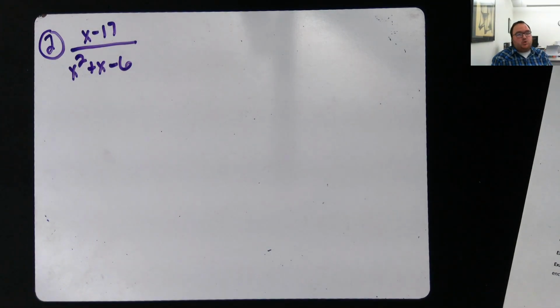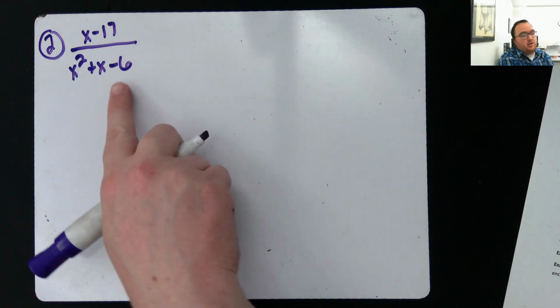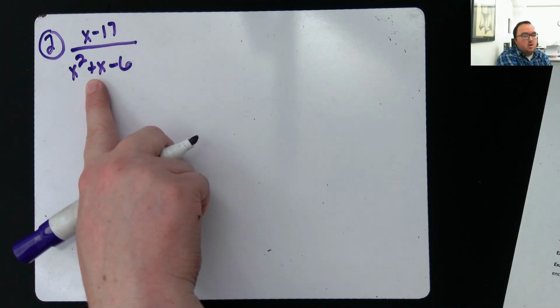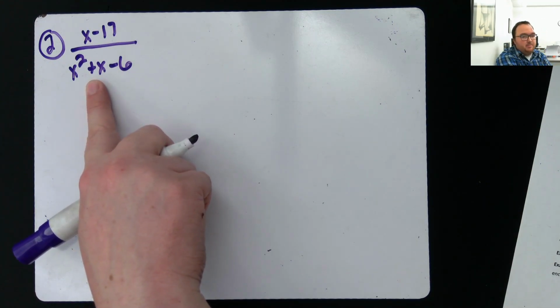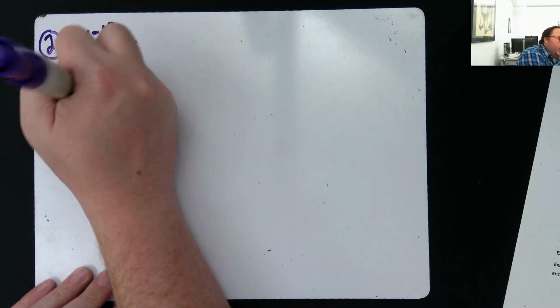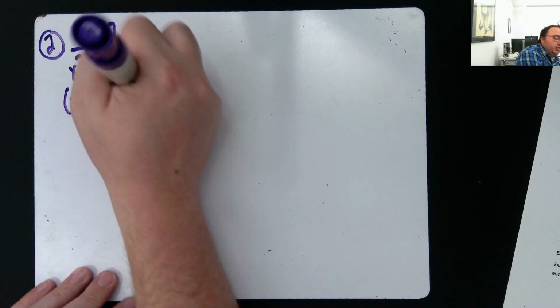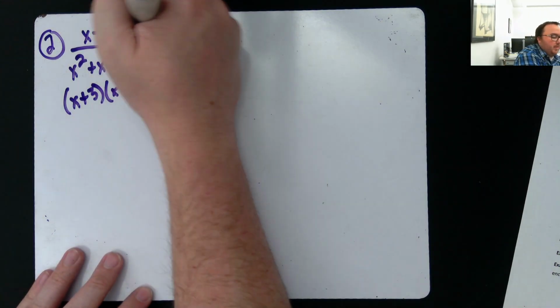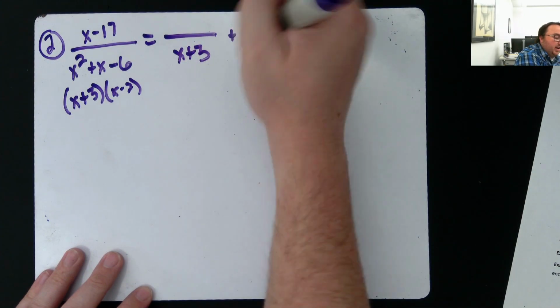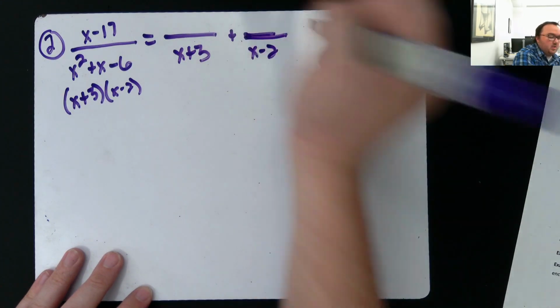Again, figure out what the factors are. I need the factors of negative 6 whose sum is equal to positive 1. Pause it really quick and think about it. That would be x plus 3, x minus 2. So I know my factors are x plus 3 and x minus 2.